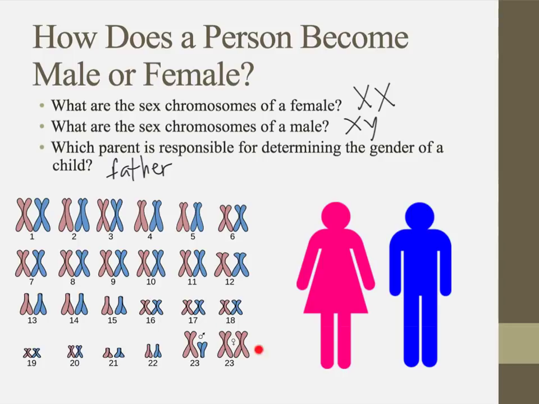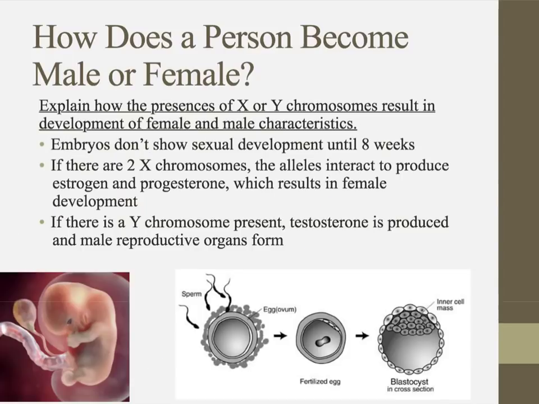So what is it about these different sex chromosome pairs that makes one of them a woman and the other one a man? Well, sexual determination is determined at the moment of conception, depending on whether the sperm fertilizing the egg carries an X or a Y, but we actually don't see sexual development until around week 8. So from weeks 0 to 8, male and female embryos look identical.